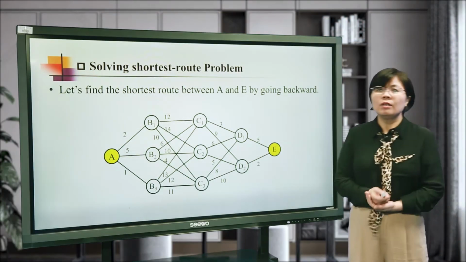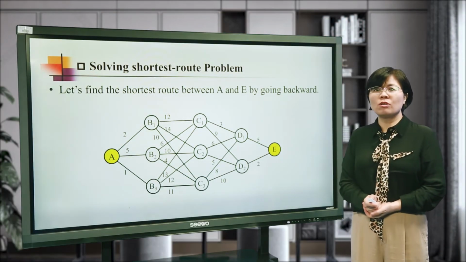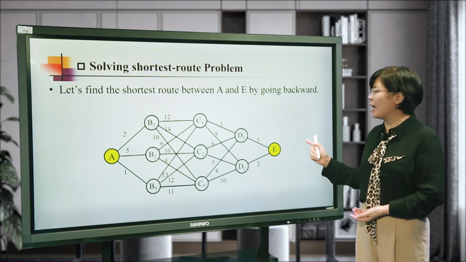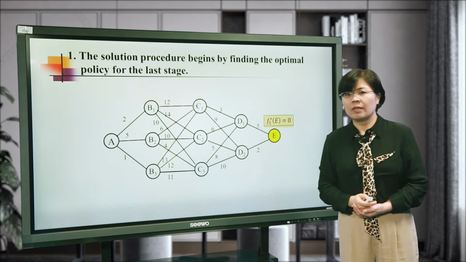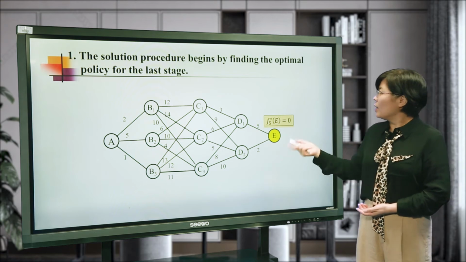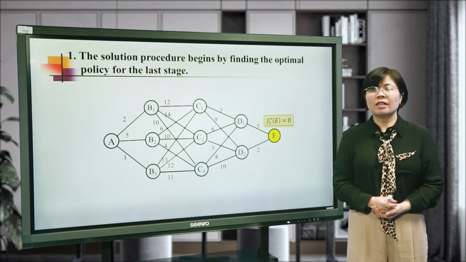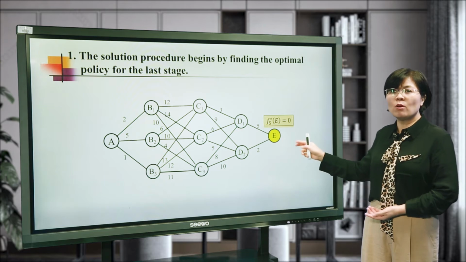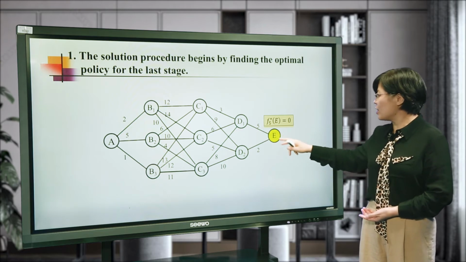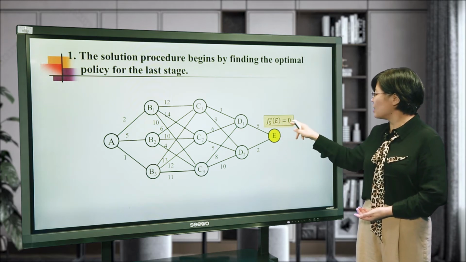Okay. Now let's find the shortest route between A and E by going backward. Firstly, we find the optimal policy for the last stage: E is 0.